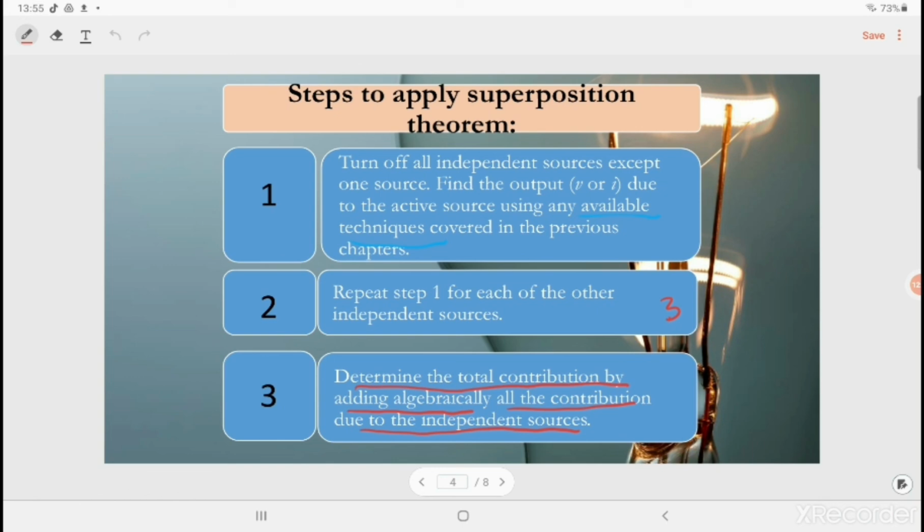That's the advantage. The disadvantage is that for a larger circuit, you need to repeat the steps depending on the number of sources in your circuit.